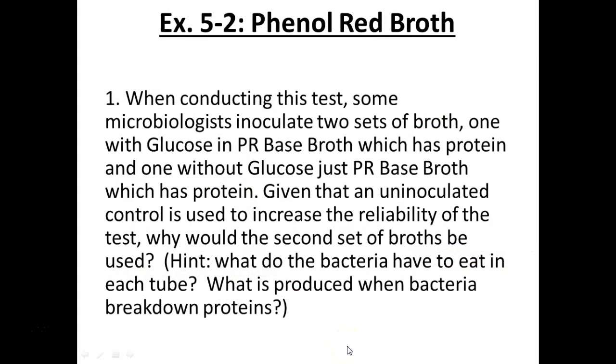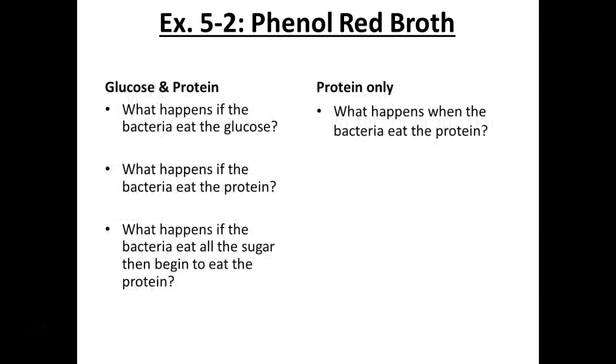So when microbiologists do these tests, sometimes they'll use base broth, phenol red base broth, which just has the protein in it and not a sugar added as a control set. We did not do that. So we used media that contained both glucose, right, a sugar source, and the natural protein source in the base broth. The base broth would contain protein only.